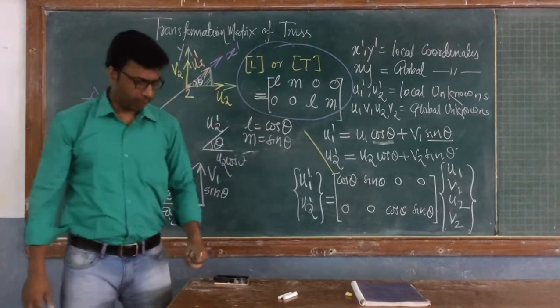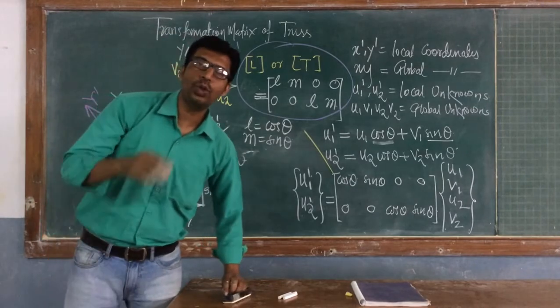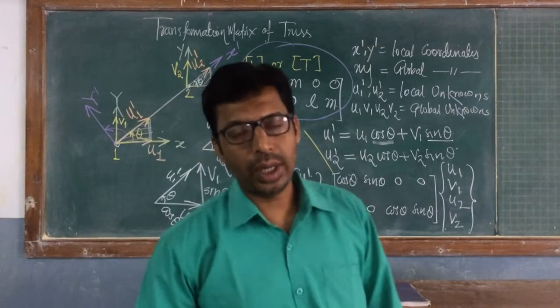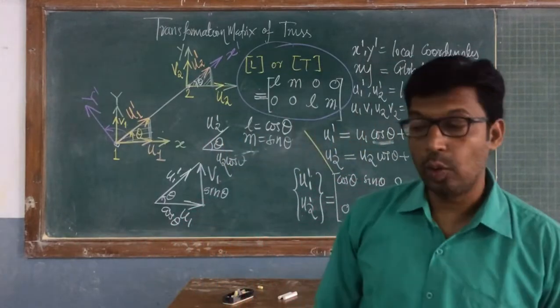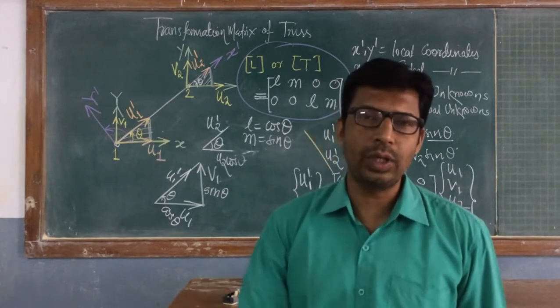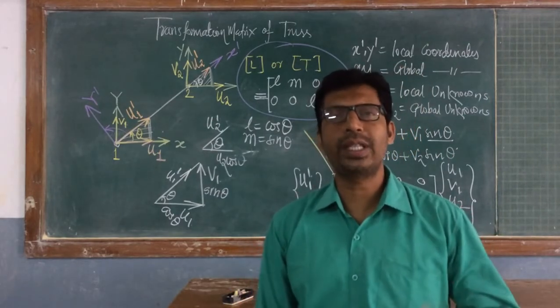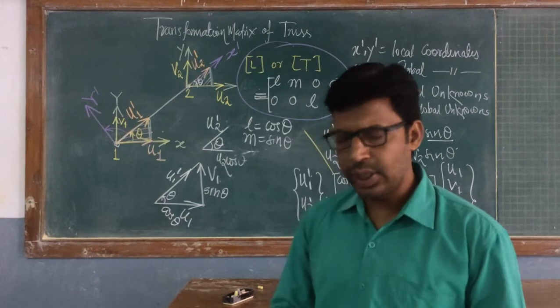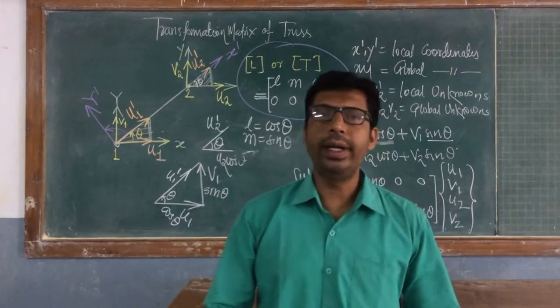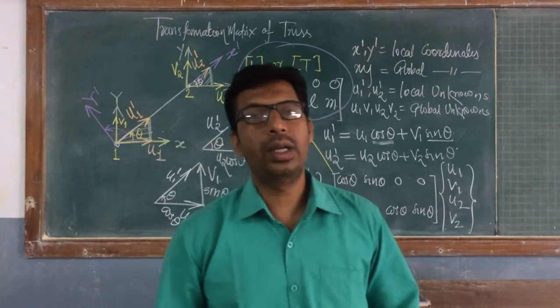Now this transformation matrix is used to derive the final stiffness matrix of a truss member or truss element, which is further used to solve the numerical examples of trusses using the stiffness matrix method. Okay, so this is the derivation of the transformation matrix. In the next class we will derive the stiffness matrix of the truss member.